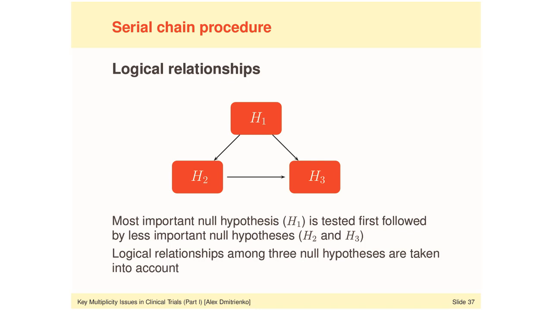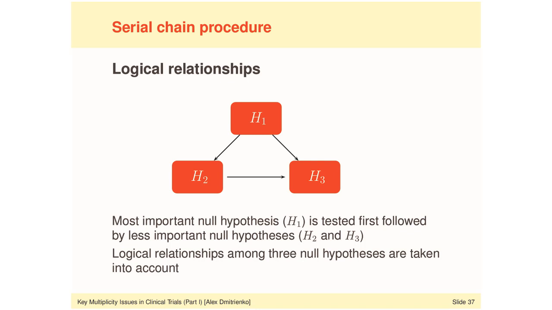The error rate, alpha, will be carried from H1 forward to both H2 and H3, and you can see that if you follow the solid arrows that connect the box on the top to the 2 boxes at the bottom of this diagram. And secondly, when we focus on H2 and H3, we said a minute ago that H2 is more important from the sponsor's perspective.